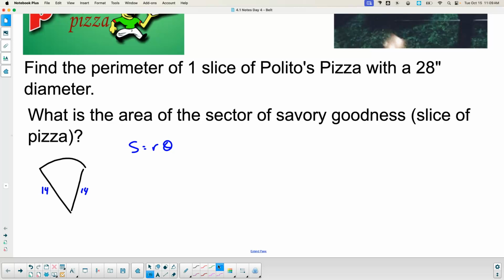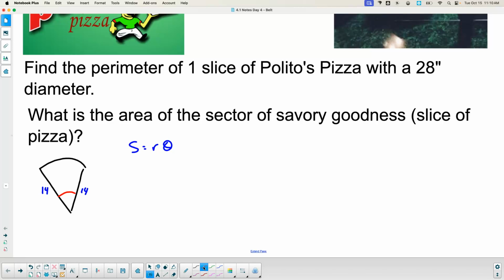It's our central angle, right? So what did we say for slices of pizza? 8 slices of pizza, right? So what is this angle in degrees? 45. Would we agree that that's 45 degrees? But, going back to yours, theta has to be in radians.